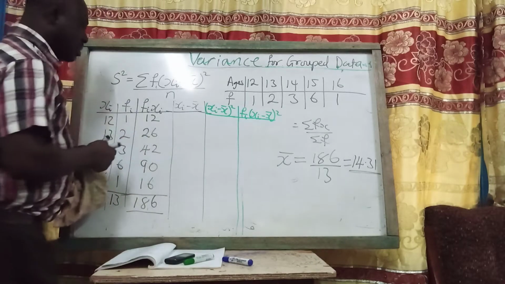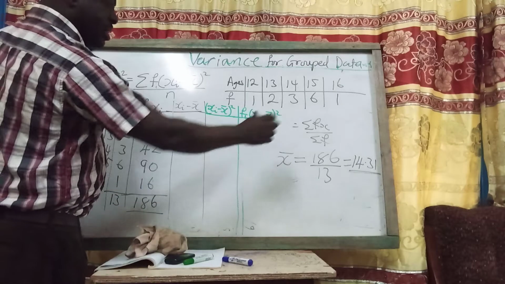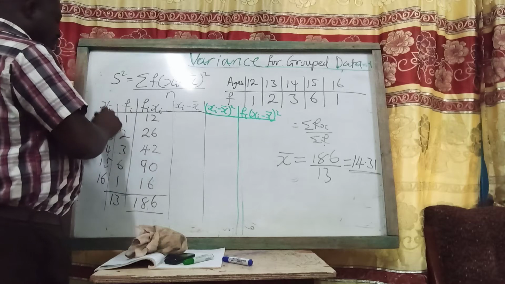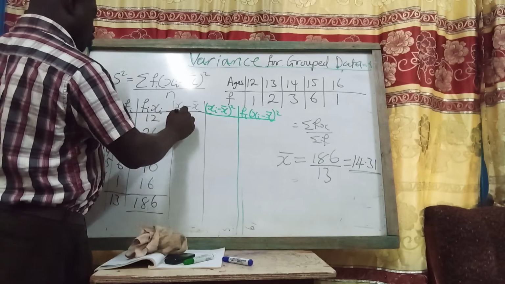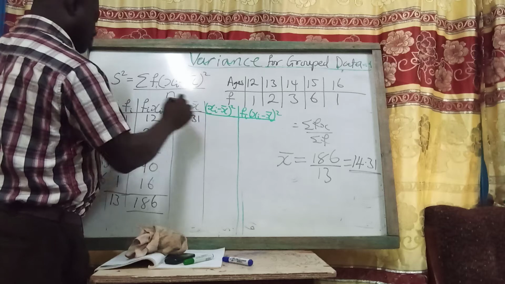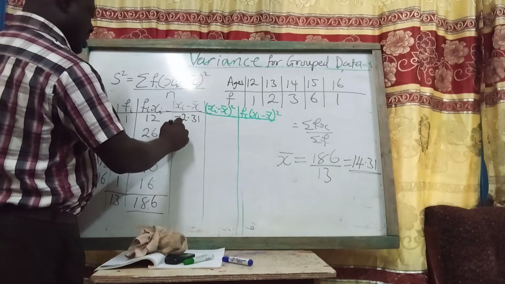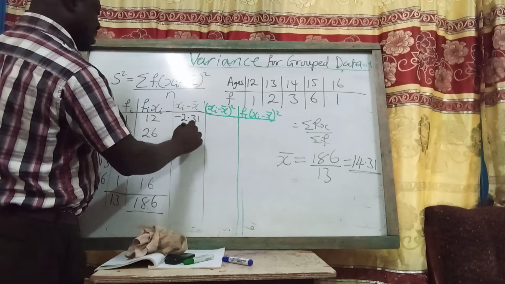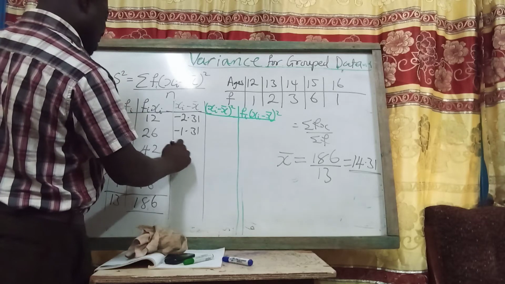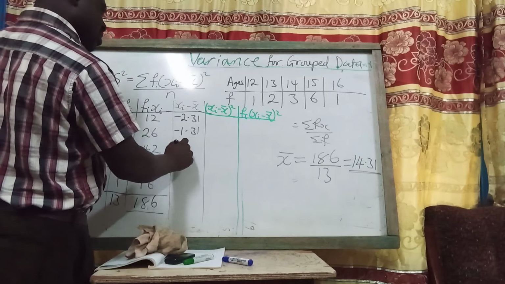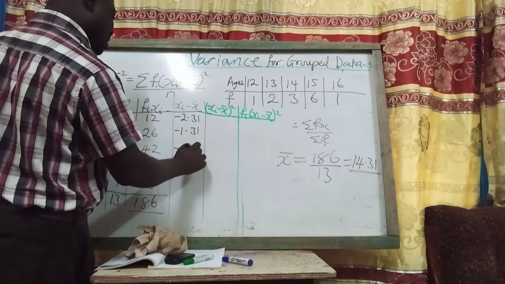So let's look at it. We are subtracting 14.31 from each of the entries. We will get negative 2.31, negative 1.31, negative 0.31.